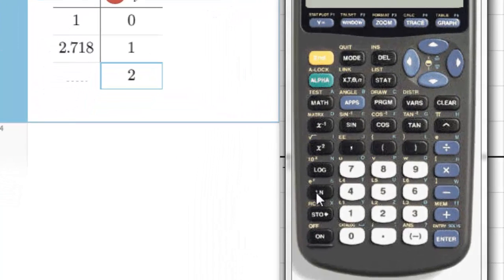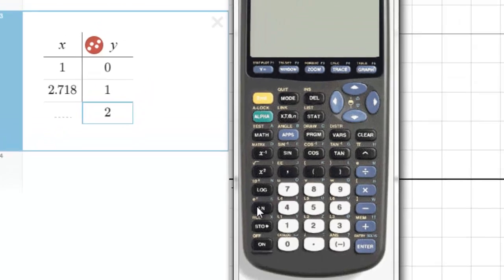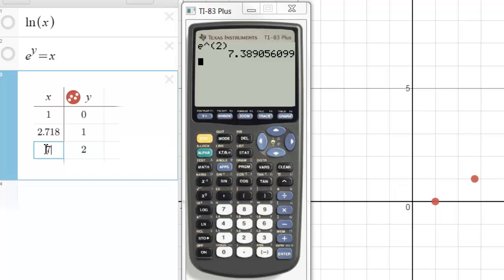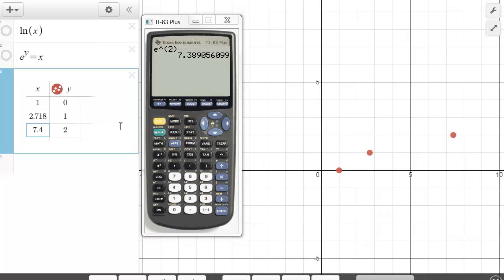Your natural log is listed on your calculator. The shift of natural log is your e to the button. So when y is 2, x will be about 7.4. And we could put one more number in here.